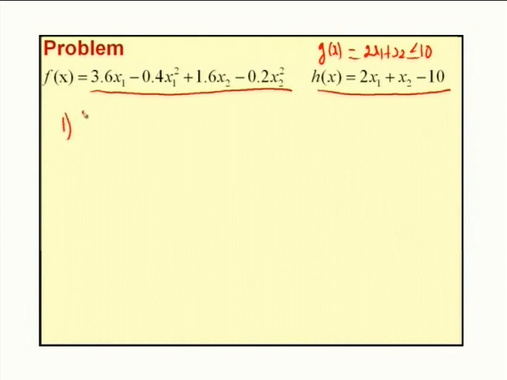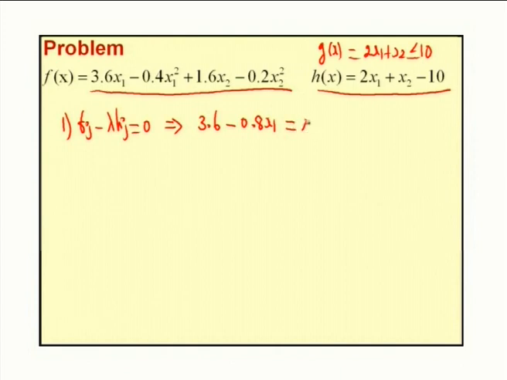The first condition is f j minus lambda h j equal to 0. This condition gives us the partial derivative of the function with respect to x 1, which is 3.6 minus 0.8 x 1 equal to lambda h 1.